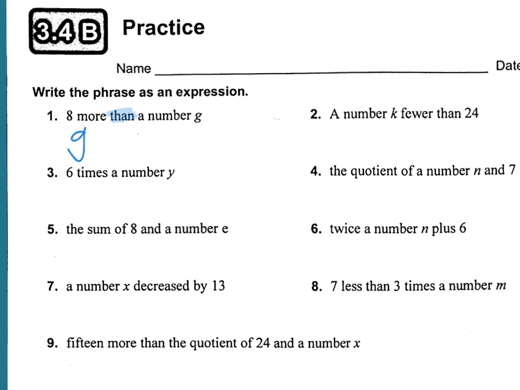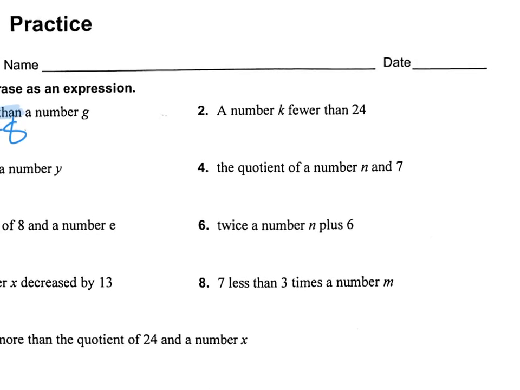So it's G and it's more, so it's plus 8. Okay? A number K fewer than 24. Again, this has a then in it. So again, we have to flip it. 24. Fewer means subtract K.